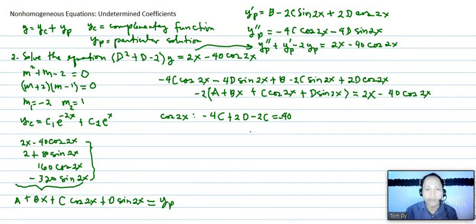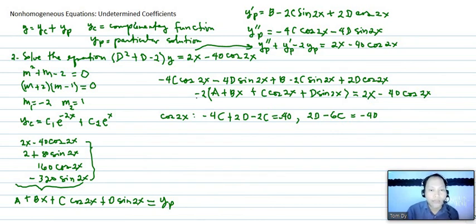That is negative 40. Okay, so this can be written as 2d minus 6c, which is equivalent to negative 40.